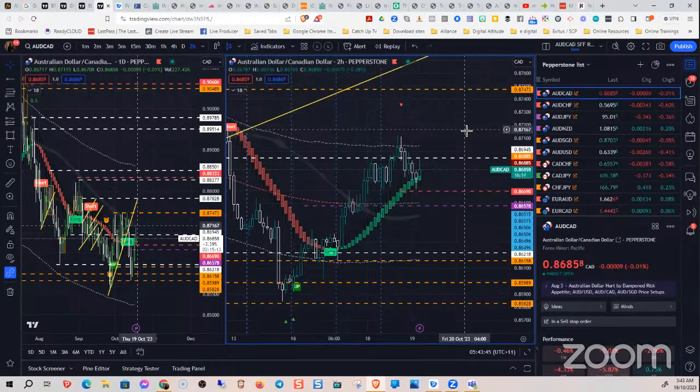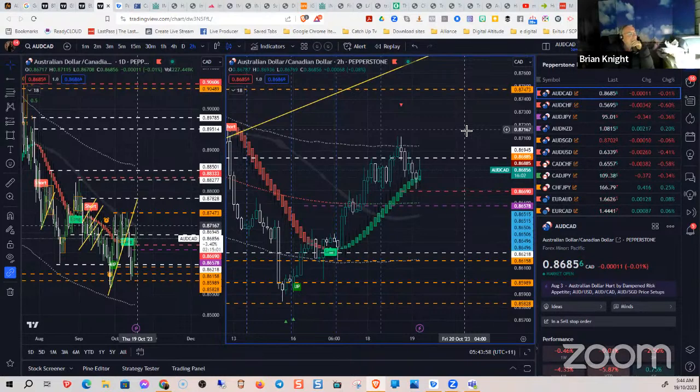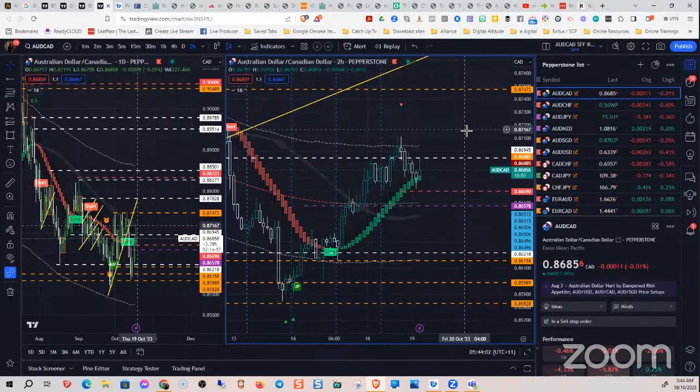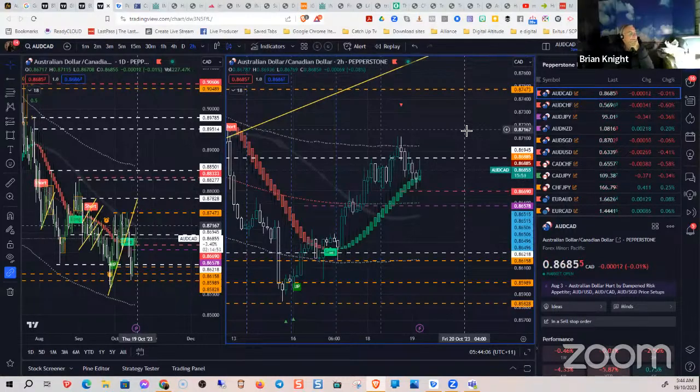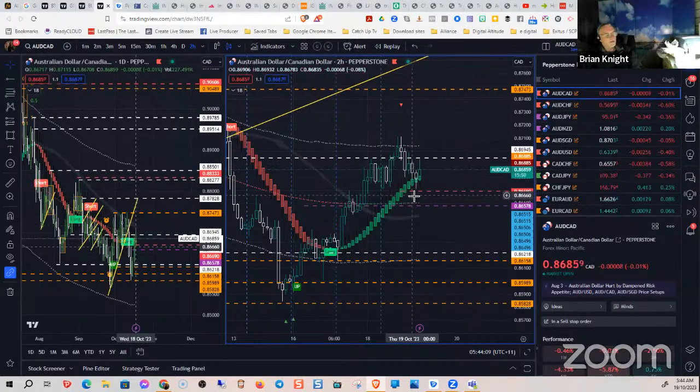Yeah. Because now that white wick is my next target. It's got to beat that to keep going down. And if it beats that white wick, it's got to beat that green wick. So pick your entry. Yeah, exactly. If not, it's going to keep going up. It won't be able to beat that green wick. Correct, yeah. It also won't be able to beat this white wick just here.